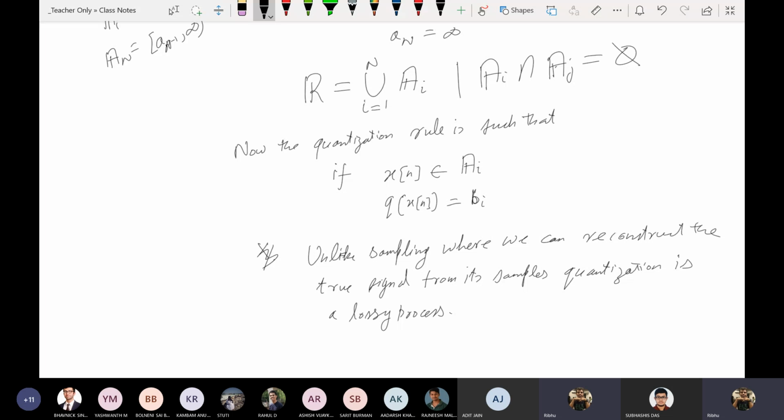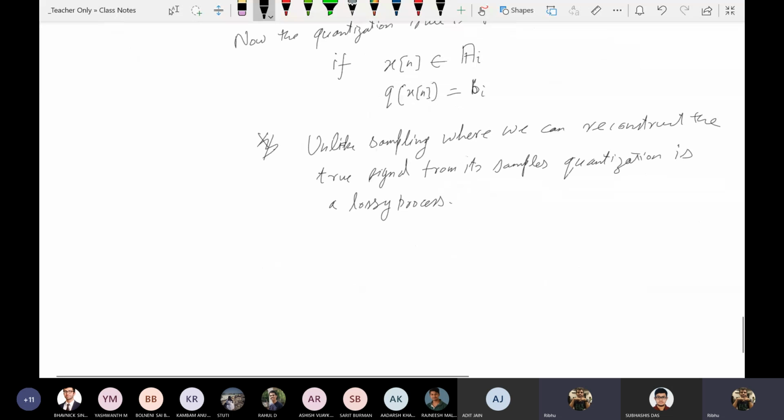And once you cross 10,000, everything between 10,000 and 11,000 becomes 10,000 and so on. But once you tell someone that your rank was around 1,000, they cannot go back and tell you that it was 983 or 1,048, right? Yes, sir. Excellent. So quantization is a lossy process.